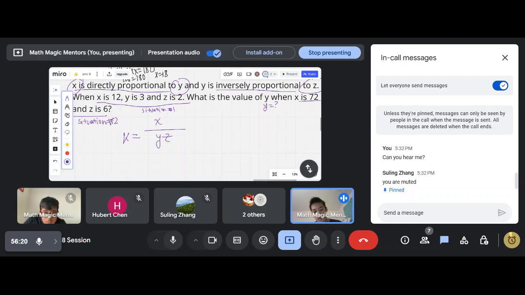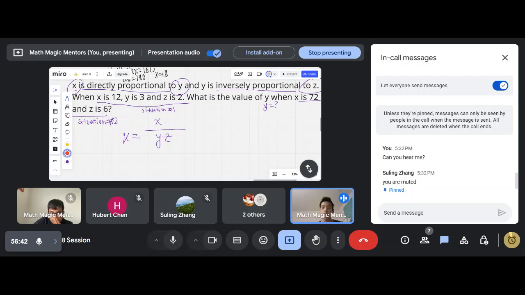Inspecting this constant, we can see how all of these conditions are satisfied, right? So x is proportional to y. What does that mean? What I mean by increase is multiplying or dividing by a constant.